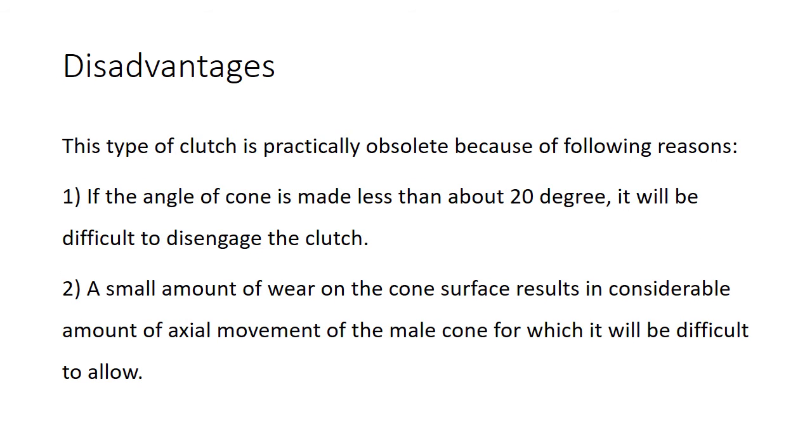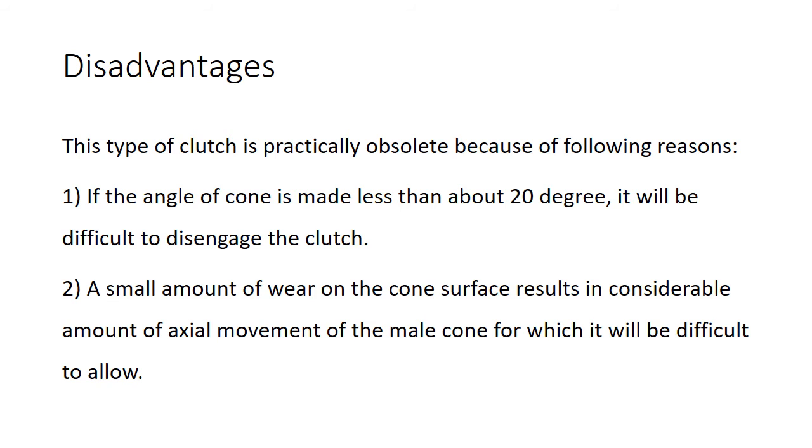Disadvantage. This type of clutch is practically obsolete because of the following reasons. First, if the angle of the cone is made less than 20 degrees, it will be difficult to disengage the clutch. It means the male cone is permanently engaged with the female cone.